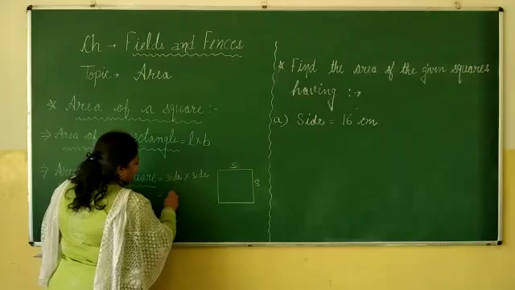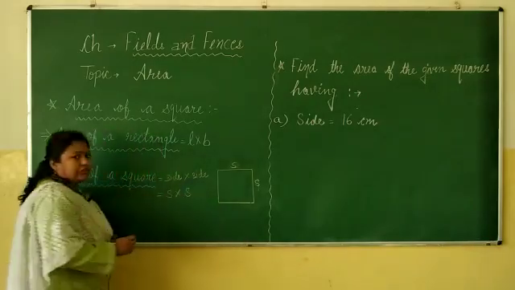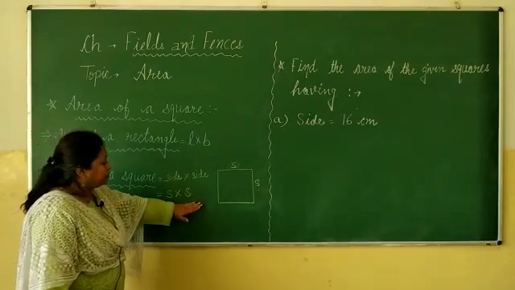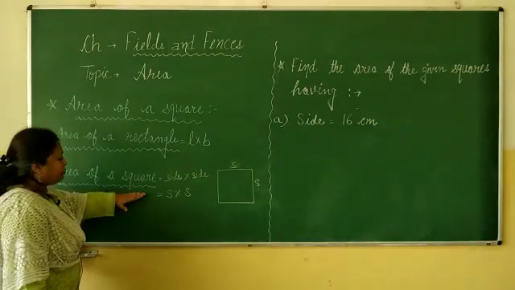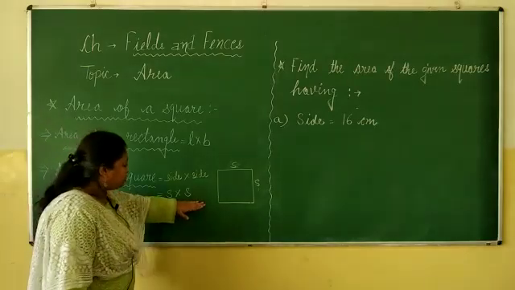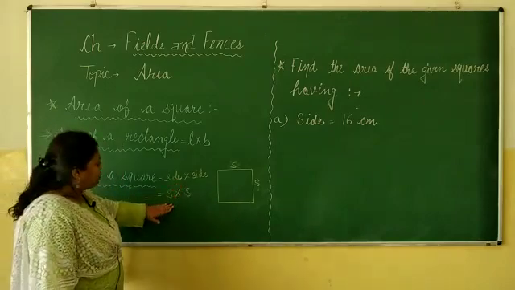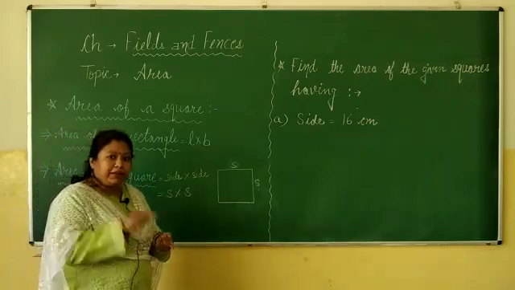Okay children? So the formula for finding area of a square will be side into side. That means whatever the given length is, that is to be multiplied by itself.